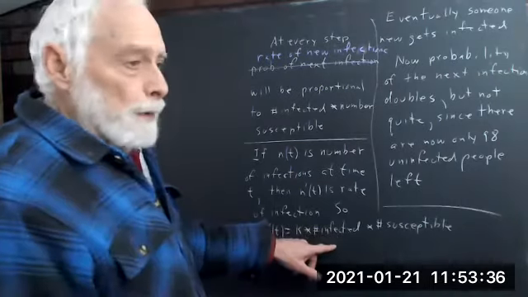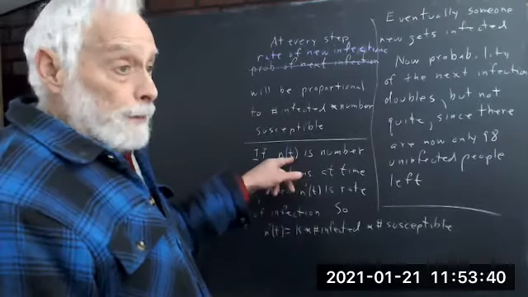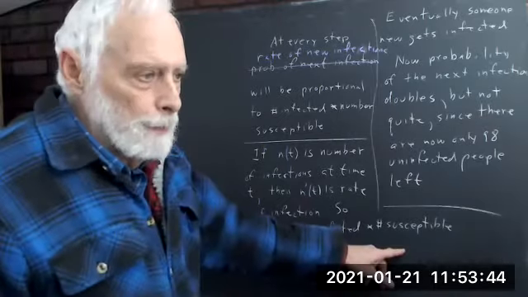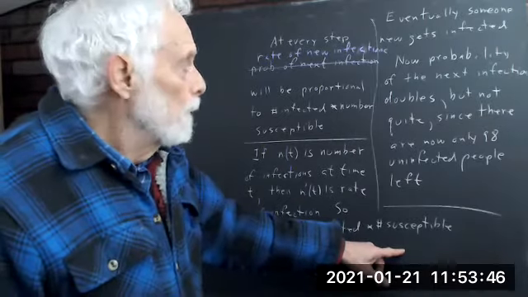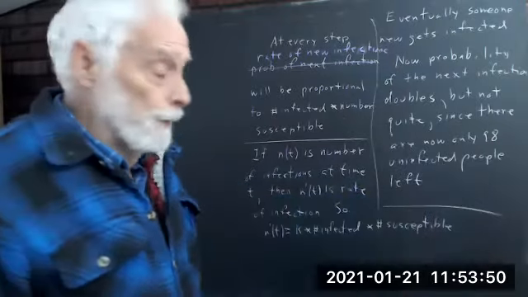Well, what's the number infected? That's N of T, isn't it? Okay. What's the number susceptible? Well, in our example, that's 100 minus the number infected.